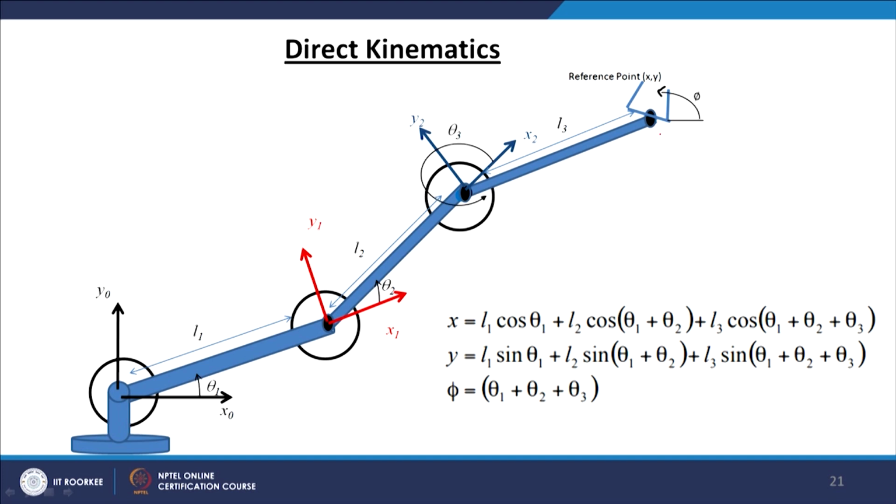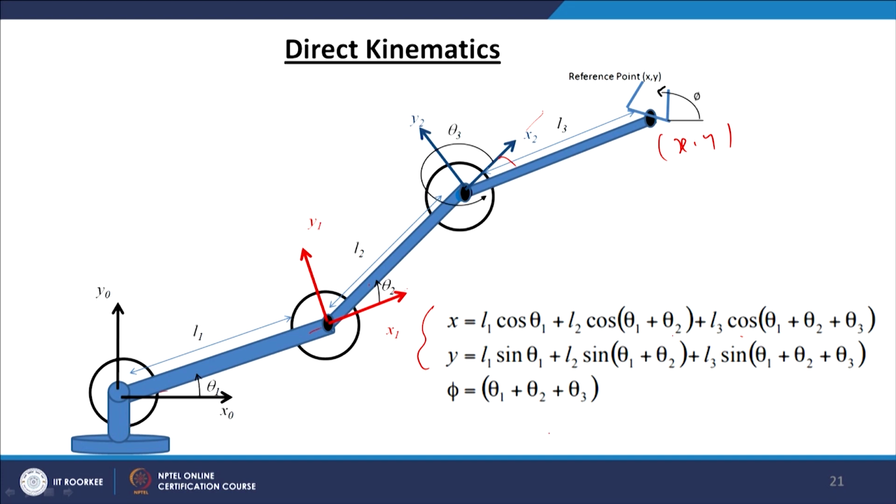If the end effector position is x y, we can write x as L1 cos theta 1, plus L2 cos theta 1 plus theta 2, plus L3 cos theta 1 plus theta 2 plus theta 3. Theta 1 is measured from the x axis, theta 2 is measured from the extension of the first link to the second link, and theta 3 is from the extension of the second link to the third link. So, we get the direct kinematic equation like this.